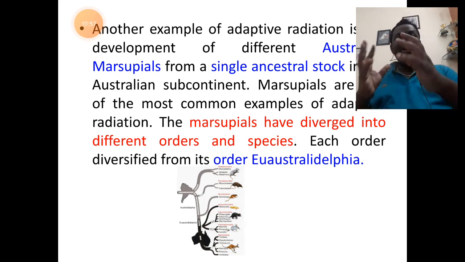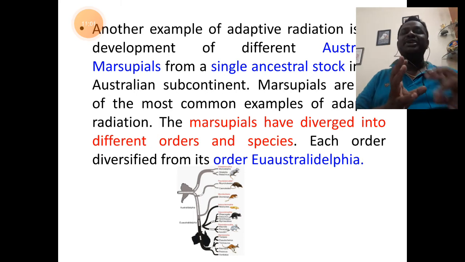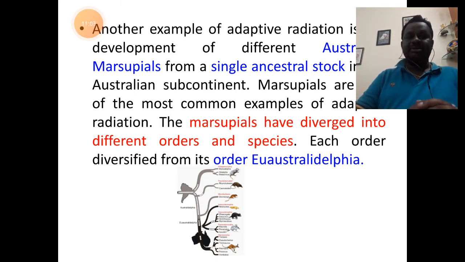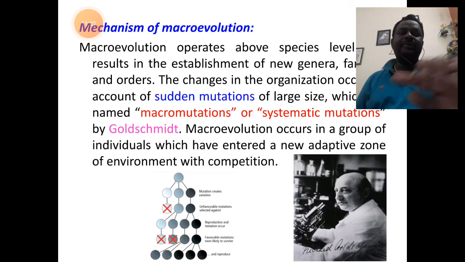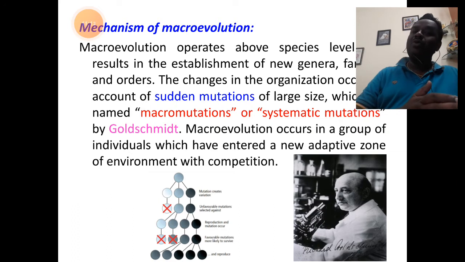So from a common group of ancestors, different Australian marsupials have originated. A very good example related to adaptive radiation. We are going to discuss that in detail when we go with the types of macroevolution or adaptive radiation.